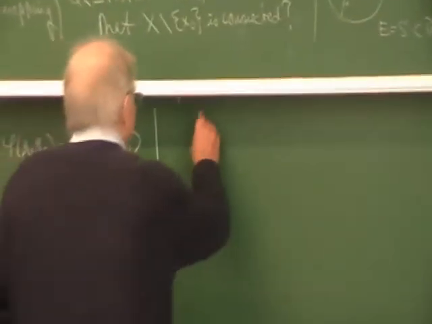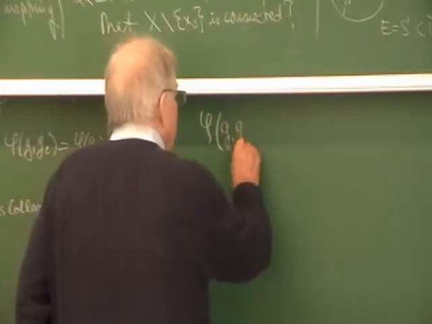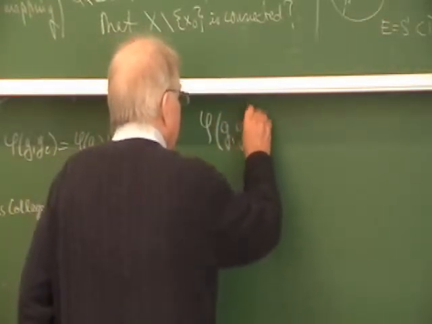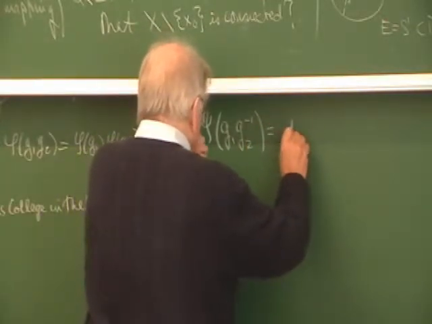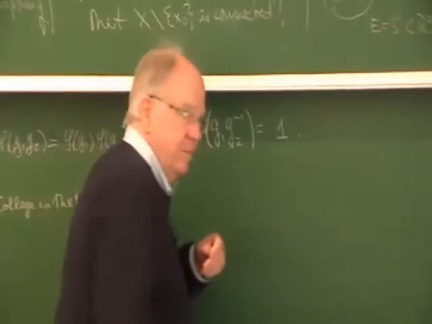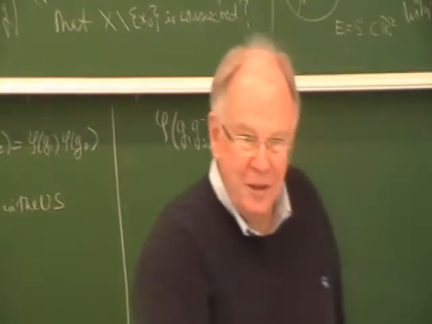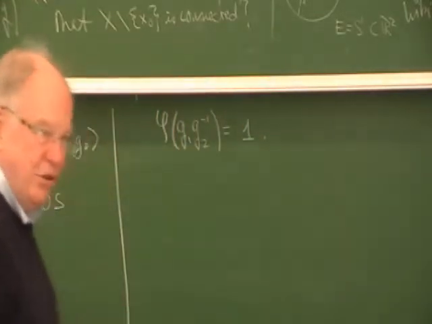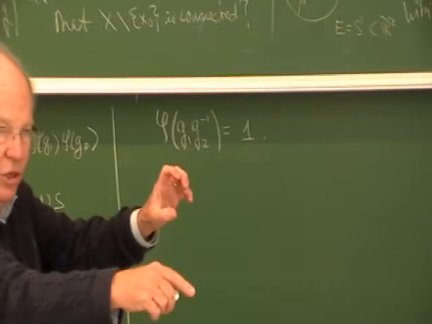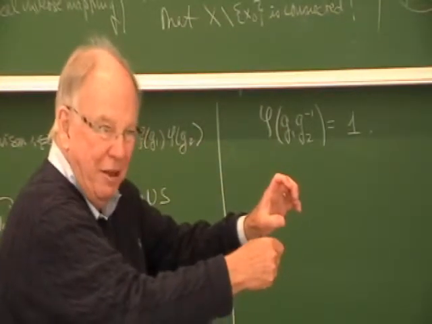So this is phi of G1 G2 inverse equals 1. This is Abeg's point, exactly. Almost. Do you get it? Phi of G1 equals phi of G2. I bring phi of G1 on the other side. To do that, I have to take the inverse.